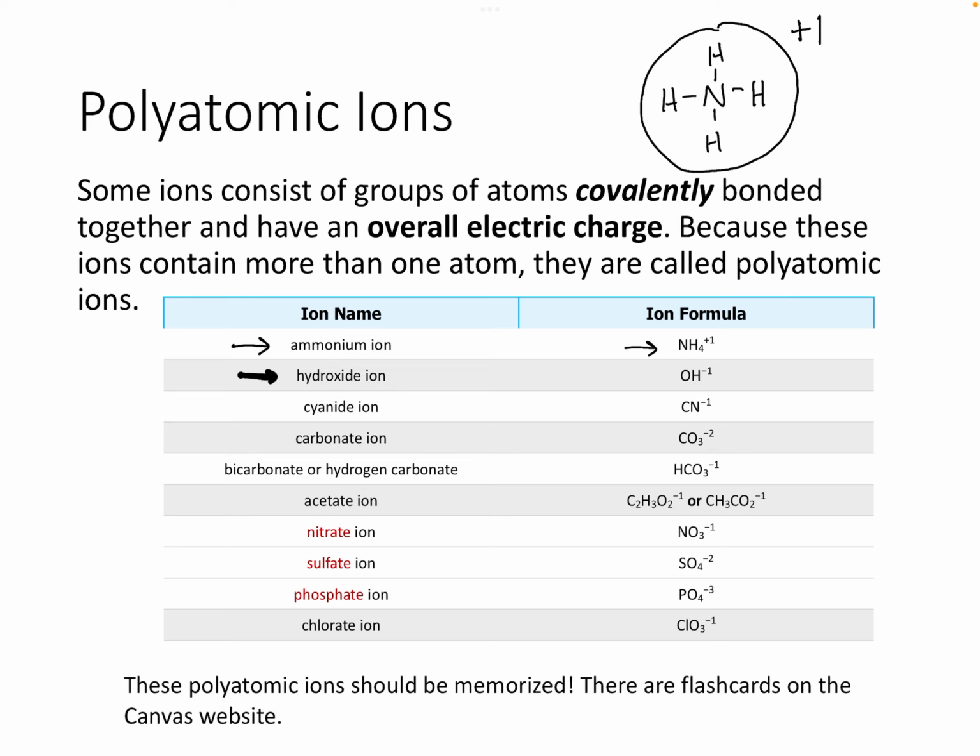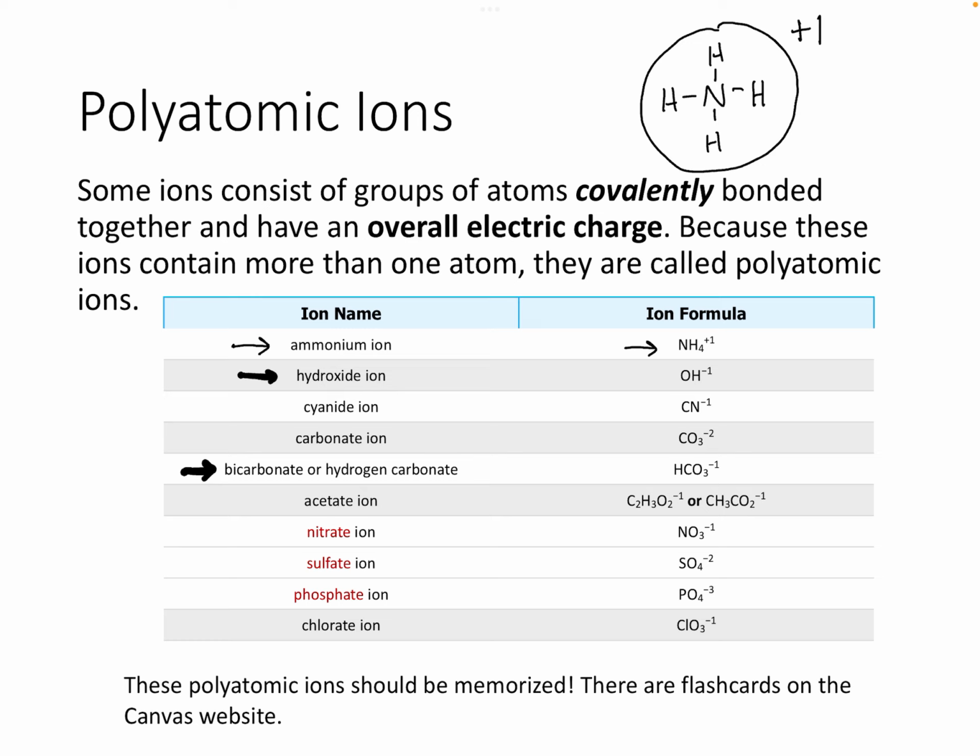And then we have the carbonate ion, which is 1 carbon and 3 oxygens, and that has an overall -2 charge. Now, we can also add a hydrogen to that, so that would give us the next one, bicarbonate, or you could also call this hydrogen carbonate, and that just has a -1 charge instead of a -2 charge.